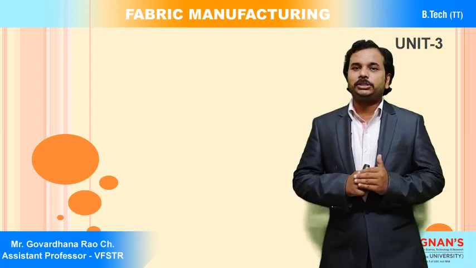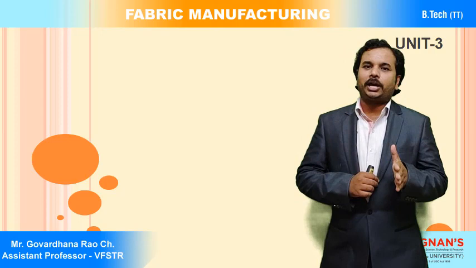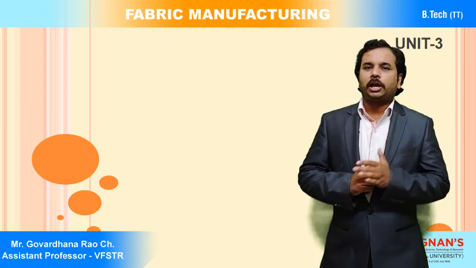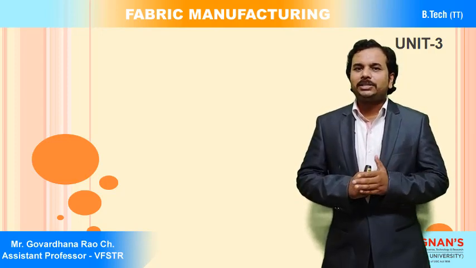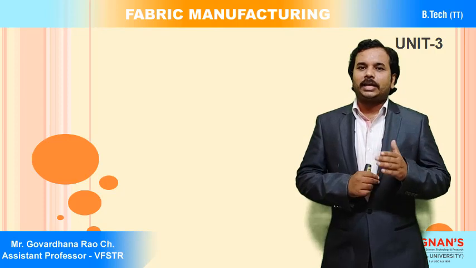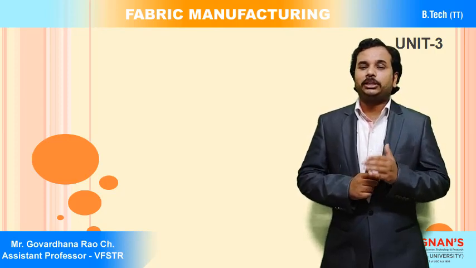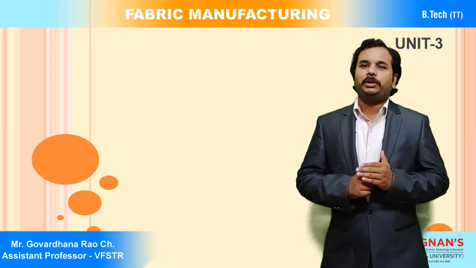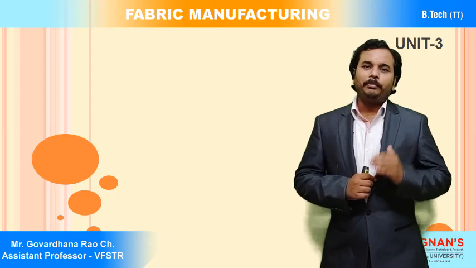Now in this session we are going to see the primary motions category. In the primary motions, the first one, the shedding mechanism, is over. Now the second one is picking. The second primary motion is picking and the third primary motion is beat up. Shedding, picking, beat up.